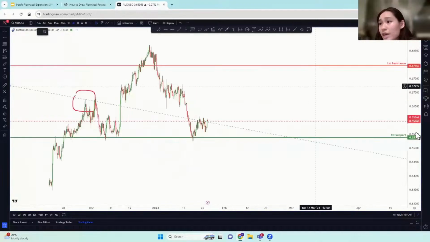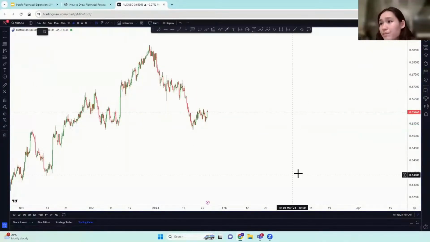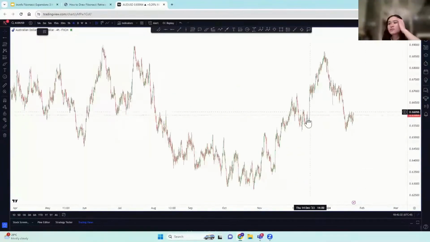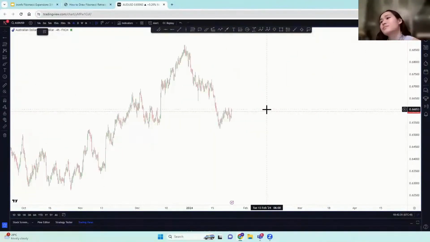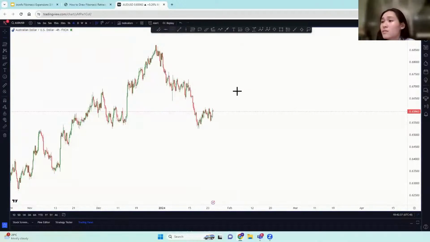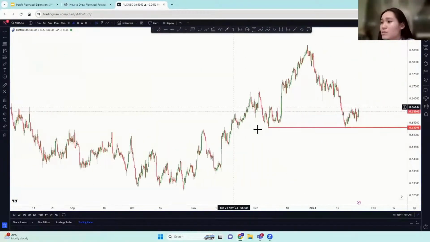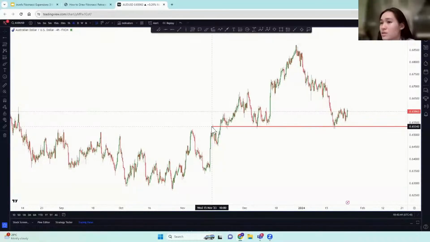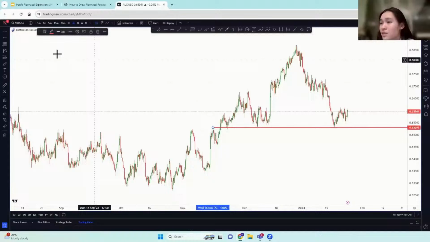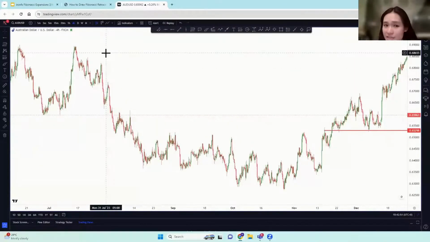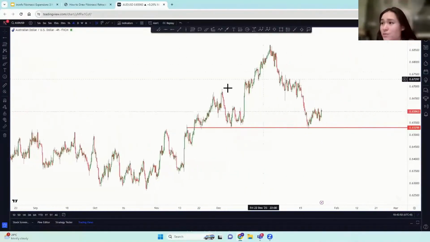Now let's look at our 4-hour time frame. You can see on our 4-hour time frame, it looks significantly more like there's no real trend. It's ranging here. So that's why it's important to look at the higher time frames first and then zoom down to your lower time frames.